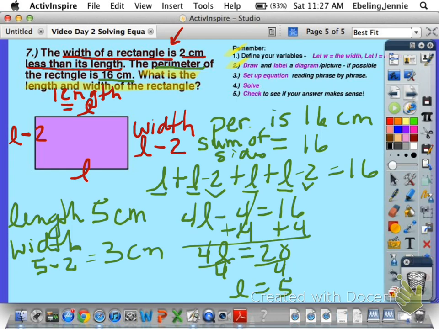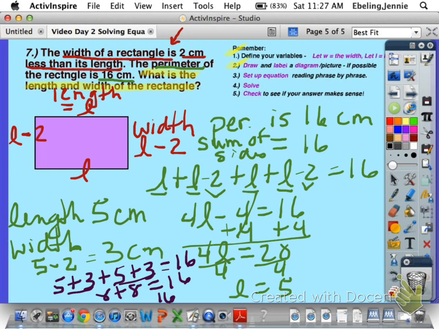Well, if my length is 5, add it to my width, which is 3, add it to my other length and my other width, that's supposed to add up to 16. 5 plus 3 is 8. And another 5 plus 3 is 8. 8 plus 8 does equal 16, so I know that this answer here is correct. And that ends the Day 2, Part B lesson.